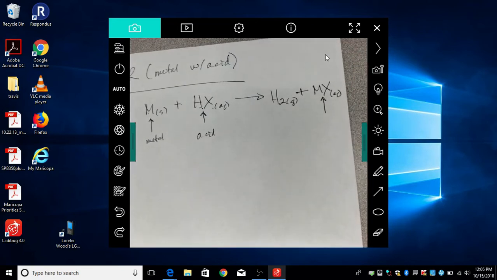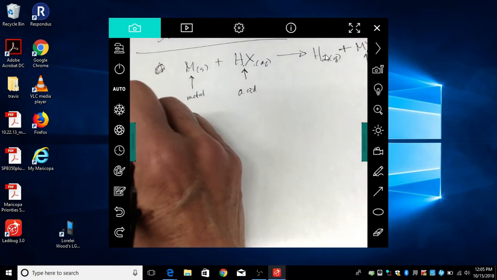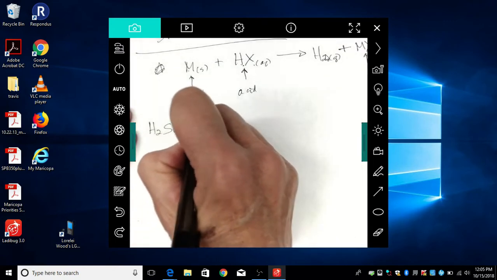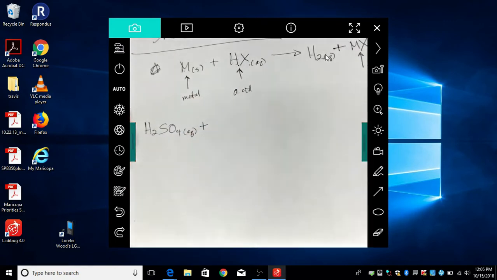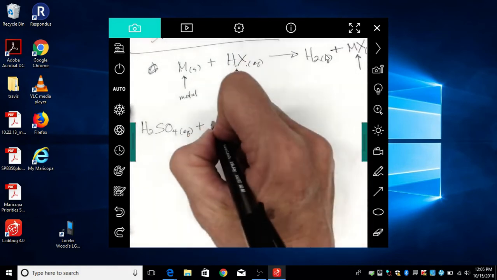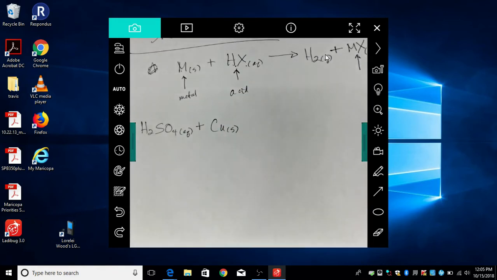All right. So, for example, if we took something like, let's try sulfuric acid, aqueous solution, and we put in, let's see, we'll try some copper, solid. We still need to consult our activity series. Now we're consulting it for different metals.